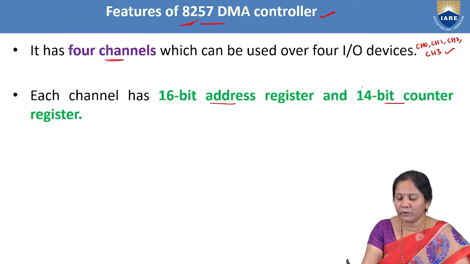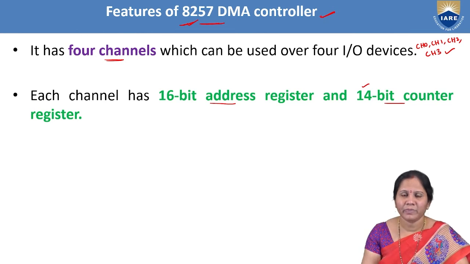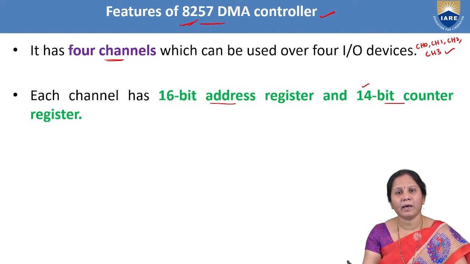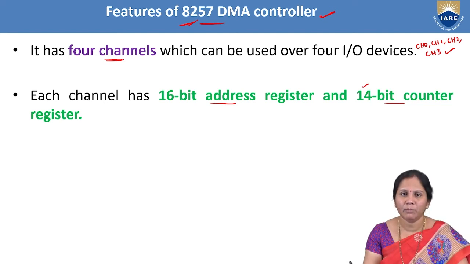Why are we saying 14-bit counter register? Among that 16-bit counter register, only 14 bits are related to the count. The remaining, that is the last MSB 2 bits, the 15th bit and 16th bit, represent the read and write operation. One of the bits is RD bar and another bit is WR bar.